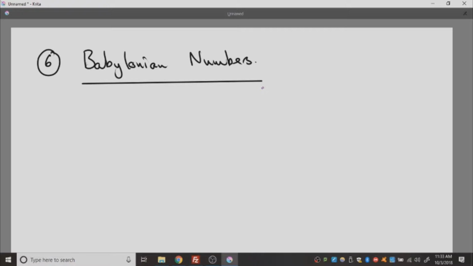Babylonian numbers have an influence to the point where you've used Babylonian numbers today and yesterday, and you'll use it tomorrow. So it's more relevant than other number systems that have sort of faded over time.